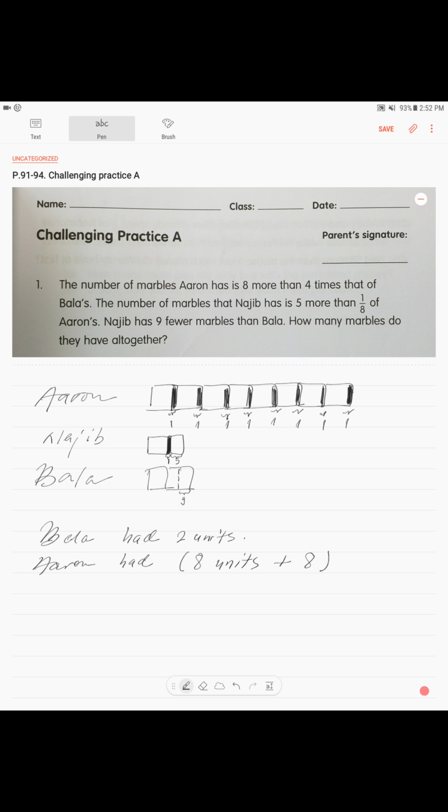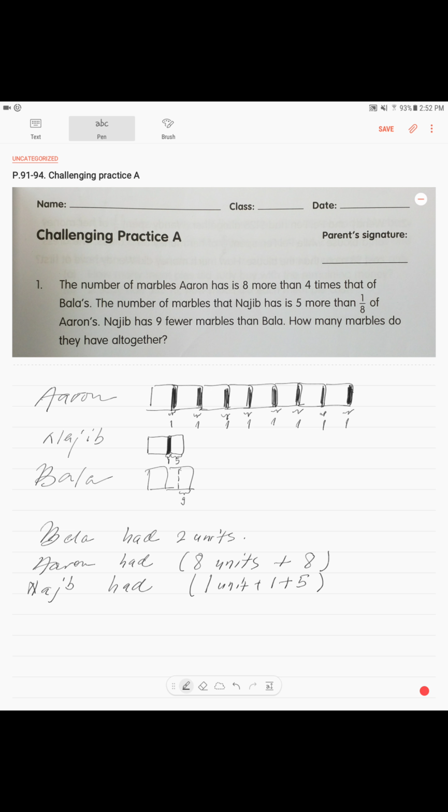This is what they tell us: 4 times that of Bala and 8 more. So it's 8 units plus 8. And Najib, what is it from the picture? 1 unit plus 1 plus 5.